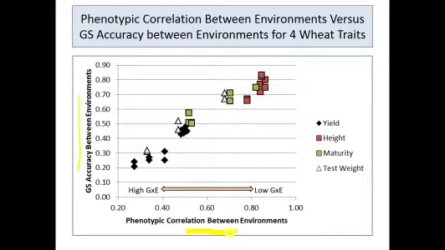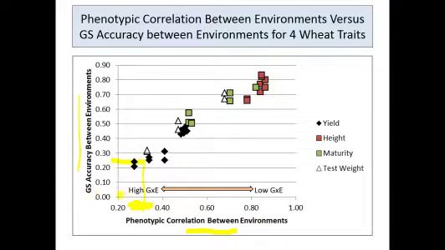What you see here is that when we have low phenotypic correlation between the environments used to build the model and the environments used to validate it, we also have low GS accuracy between them. In other words, the phenotypes in these 2 environments don't predict each other. And so the phenotypic data from one environment used to build a GS model doesn't produce a model that can predict the phenotypes in the other environment either, which all kind of makes sense.